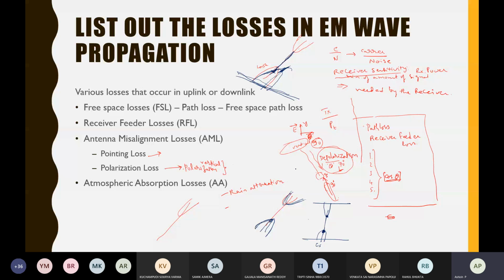But otherwise, if this is slightly misaligned, if the look angles are not properly matching, then we get this pointing loss and polarization loss, as I told, based on the type of polarization. The receiver has the information that a wave will come in horizontal polarization or vertical polarization, and it will be looking only in that direction.